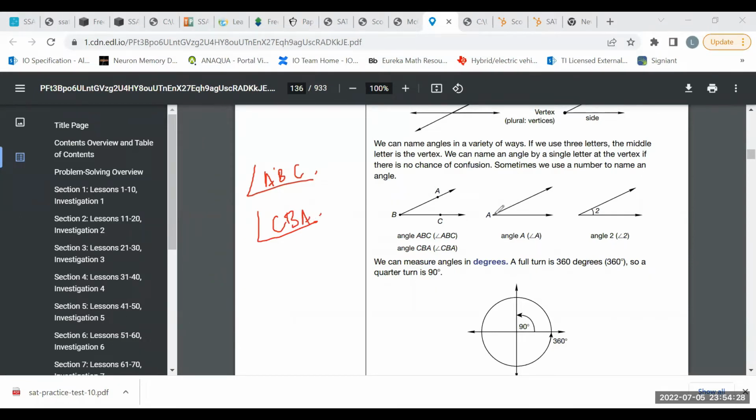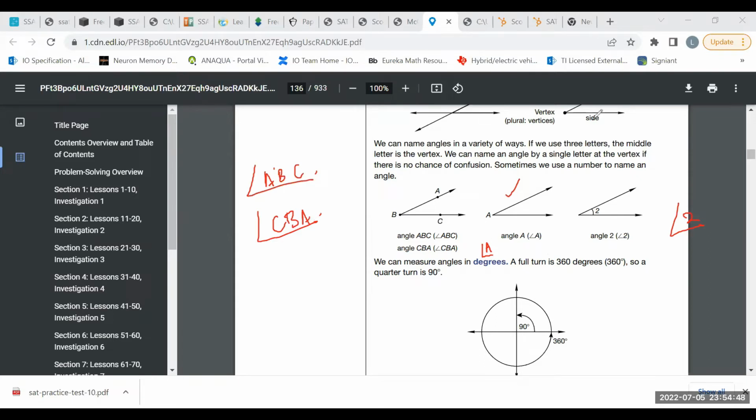Sometimes when the endpoint is not given and just the vertex is given, you'll just write it as angle A. Sometimes the angle is numbered. At that time, you'll write angle 2. So these are the different ways in which an angle is represented mathematically.